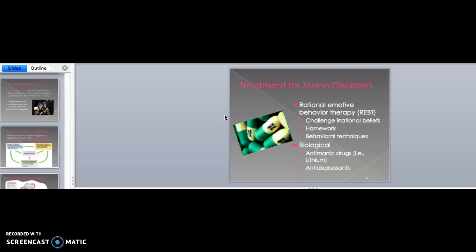Lithium is popular for bipolar disorder, and then antidepressants, or SSRIs, for major depressive disorder. That's very common because it helps them get a handle right away on what's happening biologically, and then also work on the elements that they can control, like the thoughts or the behavior patterns.